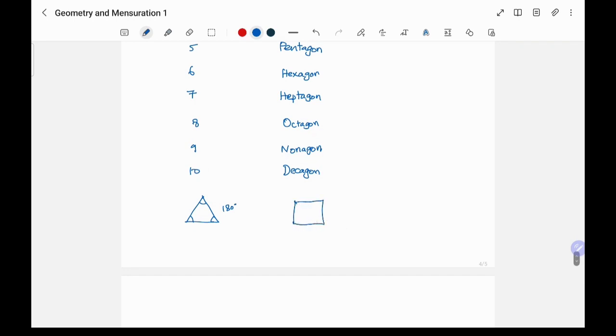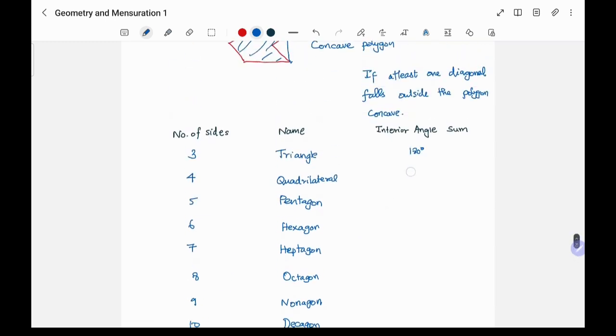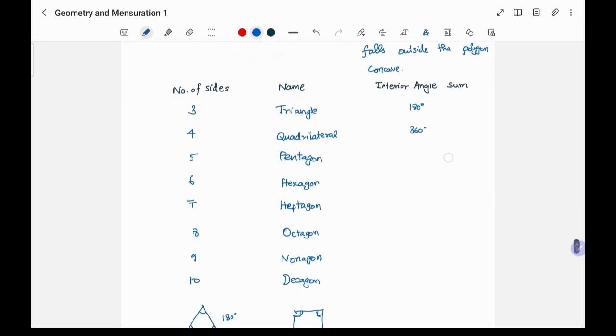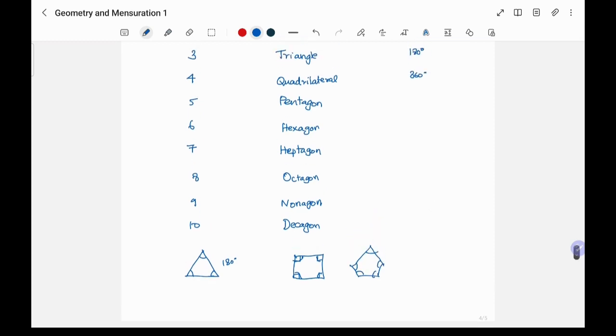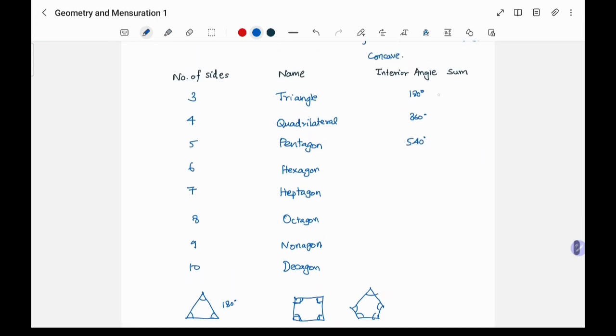For quadrilateral, the sum of interior angles is 360 degrees. For pentagon, 5 sides, right? The sum is 540 degrees. So can you see a pattern between them? It is just increasing by 180 degrees, right?